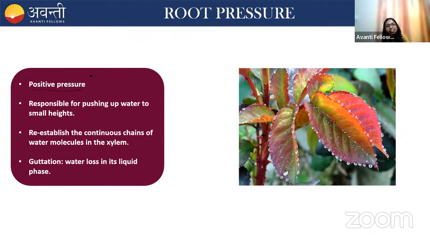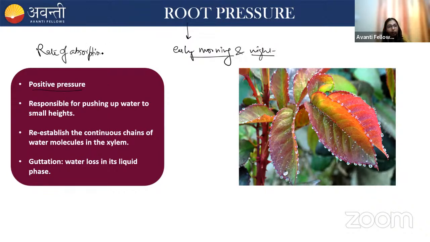Moving next is the root pressure. Root pressure is a positive pressure, and we observe root pressure during early morning and night. Why? Because the rate of absorption is high and the rate of transpiration is low.